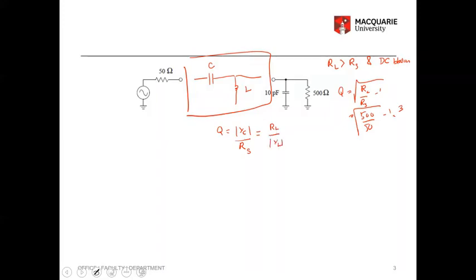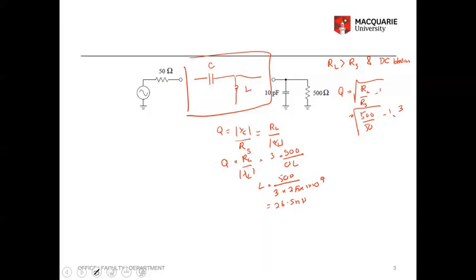To find XL, the reactance of that inductor, Q equals RL over the magnitude of XL. That means 3 equals the load resistance 500 over XL, which is omega L. So L is 500 divided by 3 divided by 2 pi times F, which is 1 times 10 to the power 9. When you solve that, you get 26.5 nanohenry.